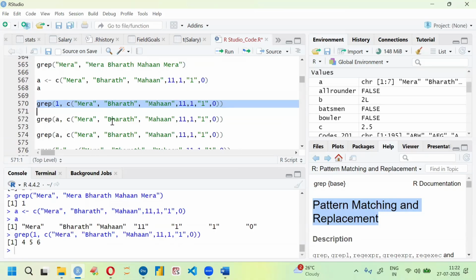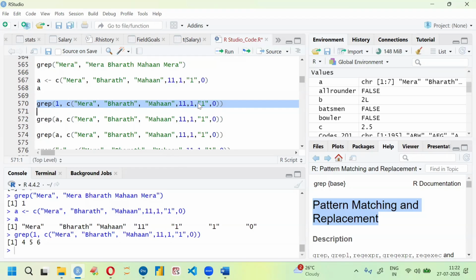So why we got 4, 5, 6 is, do remember, in our language, this is a vector, Mera Bharat Mahan. But this vector consists of numerical data too. So 0 is also numerical data. But what is a vector? Basically, a vector should consist of the same data type.